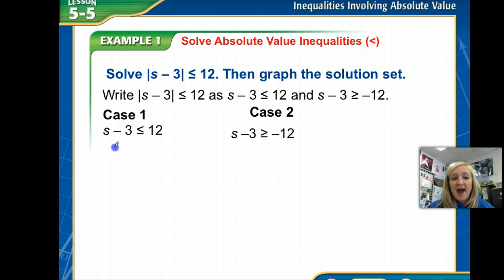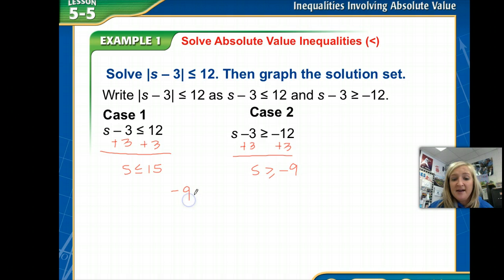All right, so I'm going to add 3 to both sides. And I get s is less than or equal to 15. And I'm going to add 3 to both sides. And I get s is greater than or equal to negative 9. All right, because I know they meet in the middle, I'm going to start with my negative on the left side.